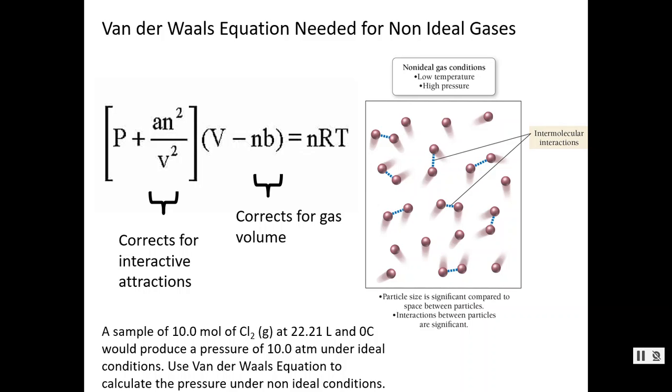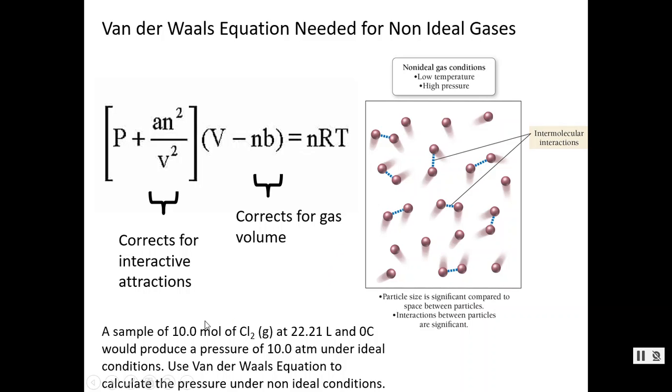In this next example, we're going to solve for pressure. You should also know that you use the van der Waals equation for non-ideal gas conditions, and in the problem, I will specifically tell you it's non-ideal gas conditions, and you'll know then to use the van der Waals equation. There's a problem in MindTap you need to do with the van der Waals equation, and we're going to do an example now.